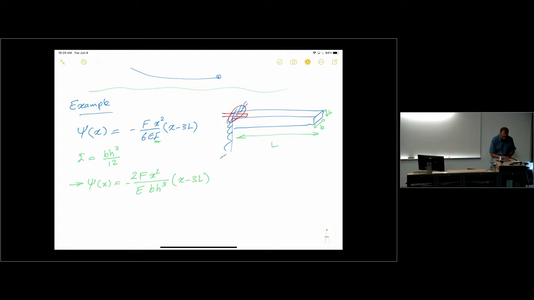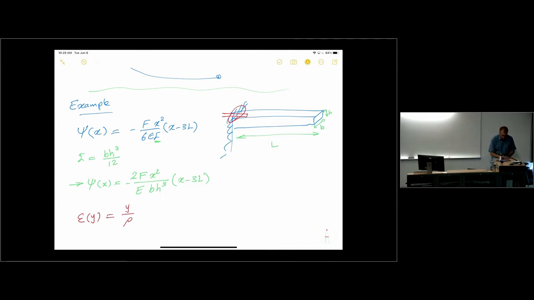Then again, if I go back to the discussions we had regarding the beams, I can recall that the strain at any distance y from the neutral axis was given by this expression, y over rho, the radius of curvature.